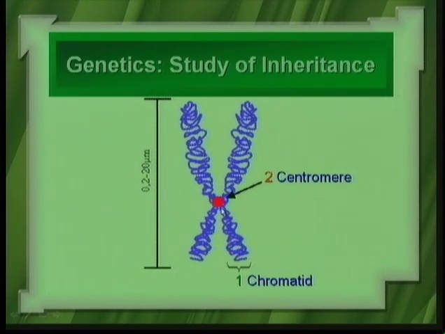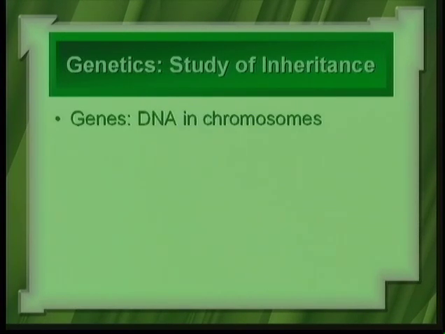Secondly, you also have the part where the two sister chromatids, being genetically identical, are joined together, at a part called the centromere. In this chromosome, you have a short arm and a long arm. So this is a typical chromosome when it's ready to undergo either mitosis or meiosis.